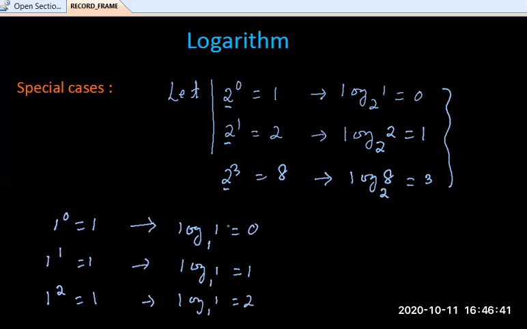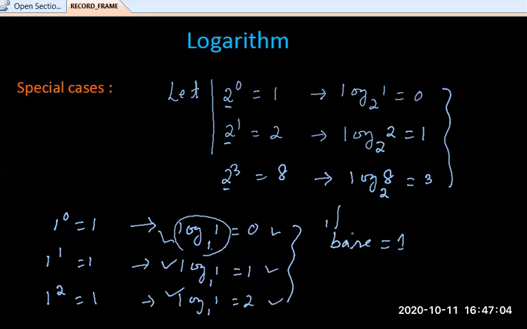Means the same value, log 1 base 1, gives different values in every case. The logarithm is the same, but the value is different. Therefore, logarithm cannot be defined for base equal to 1. If the base is equal to 1, log is not defined.